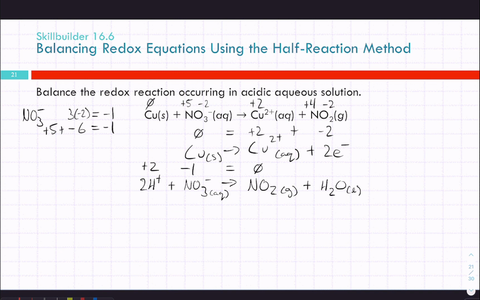So our overall charge on our reactant side will be +1. So if we've got +1 here, then we need to add 1 electron over here as well. Right, that overall is +1, but if we add another minus there, now both sides are 0.